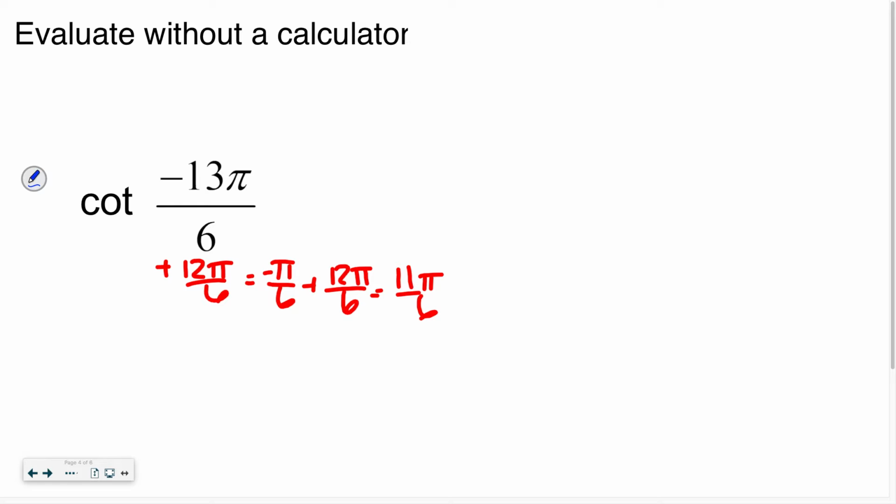Pi over 6 bow tie or butterfly is the same as 30 degrees. So I can put away that pi over 6 or 30 degrees on my hand. Its ordered pair is the square root of 3 over 2 and 1/2. In quadrant 4, it'll be positive, negative. So this is positive square root of 3 over 2 and negative 1/2. You can also look on your unit circle and verify that.